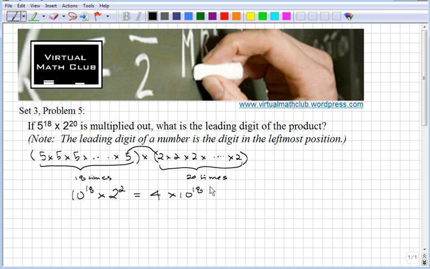Now that's scientific notation. I don't know if you're familiar with it, but this just represents the number of zeros. So this is just going to be 18 zeros. Okay, so we have a 4 followed by 18 zeros. So the leading digit is 4. And there you go.